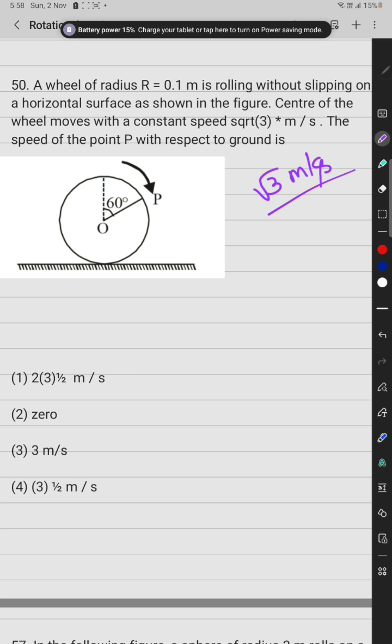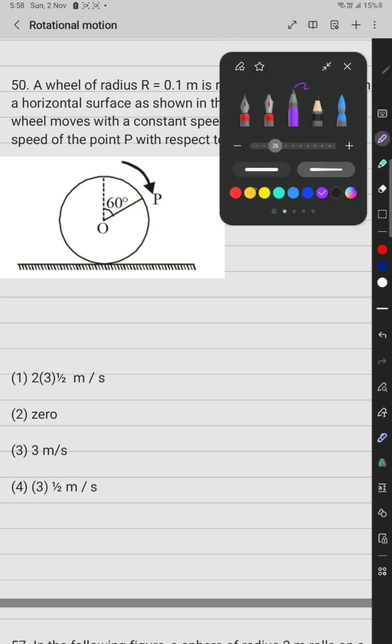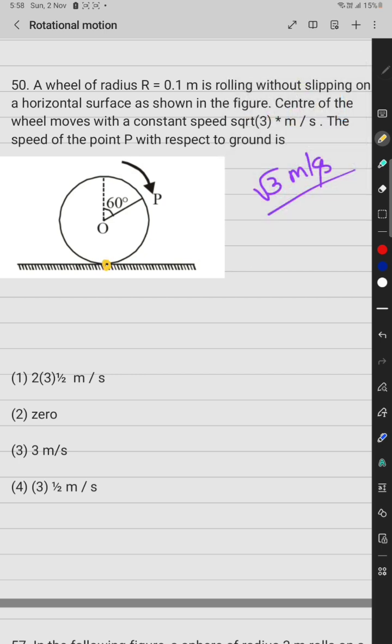Rolls without slipping means its instantaneous axis of rotation is passing through this point. According to this, the speed of the center of mass is root 3. Therefore omega of this is root 3 divided by r.